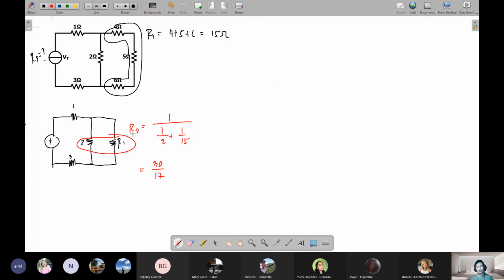Next, we have R2, so redraw again. What will be left from the original circuit is just the 1 ohm and the 3 ohms, with the supply.